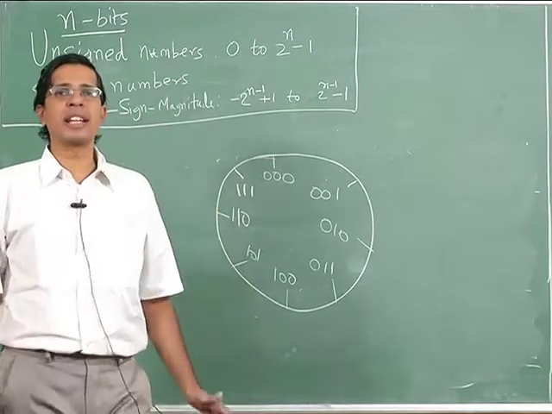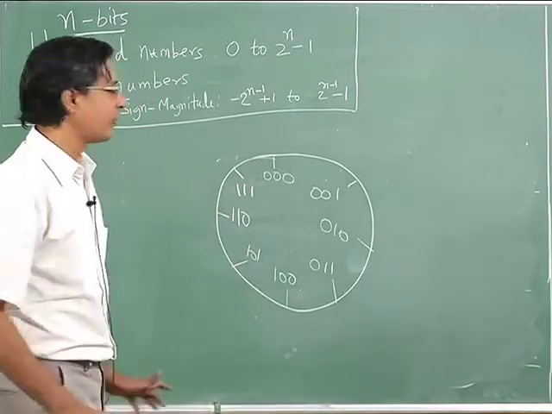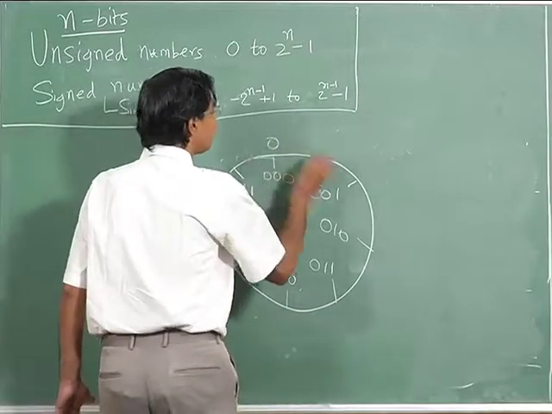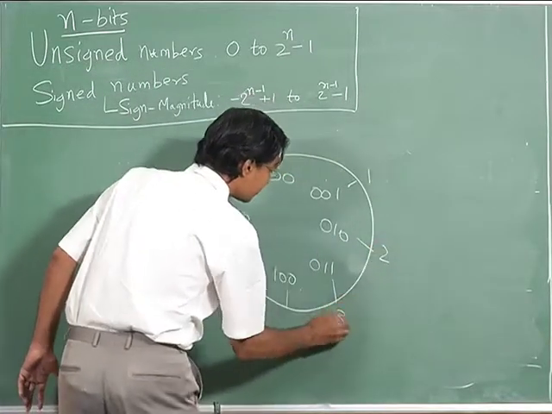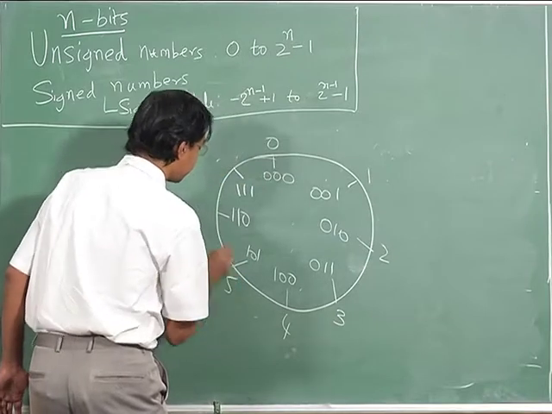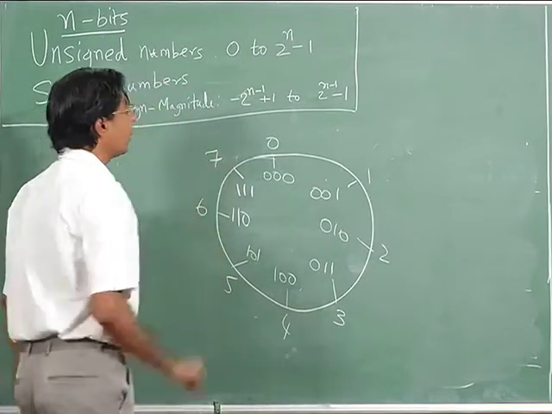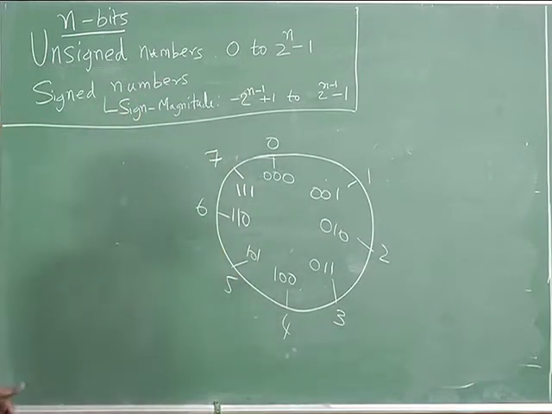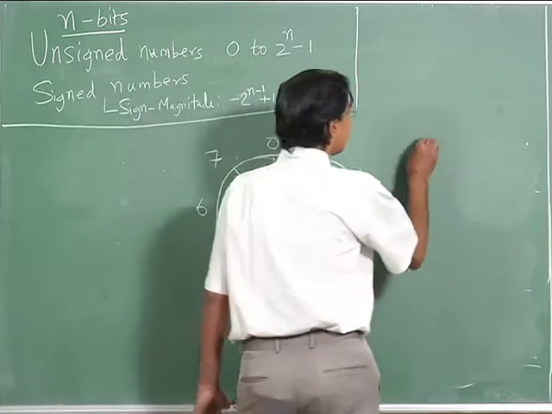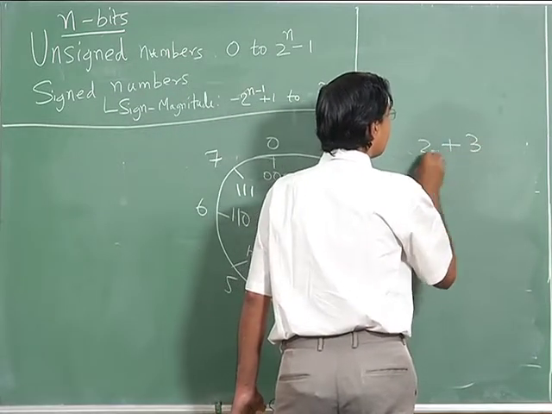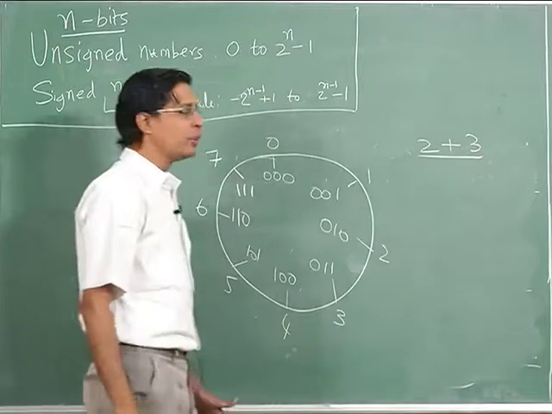First let us concentrate on unsigned addition. Suppose I want to do A plus B, say 2 plus 3. How do I do it?